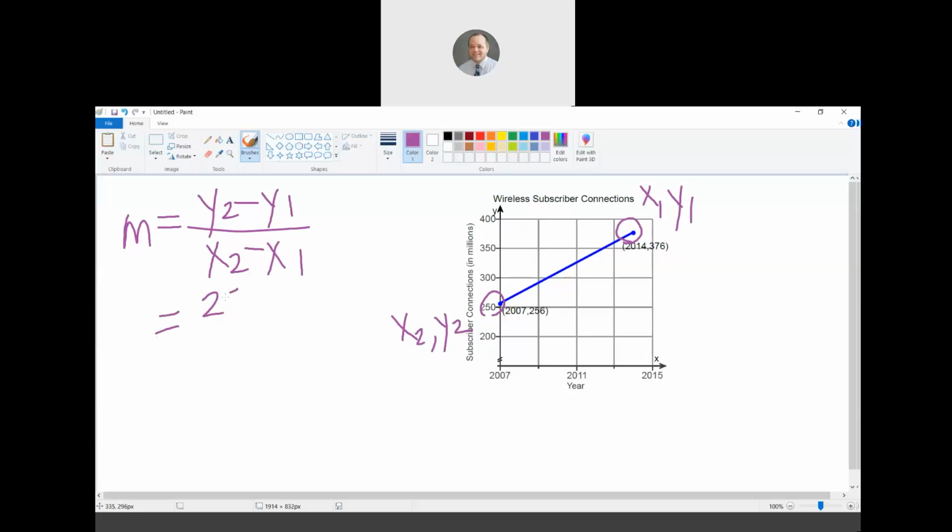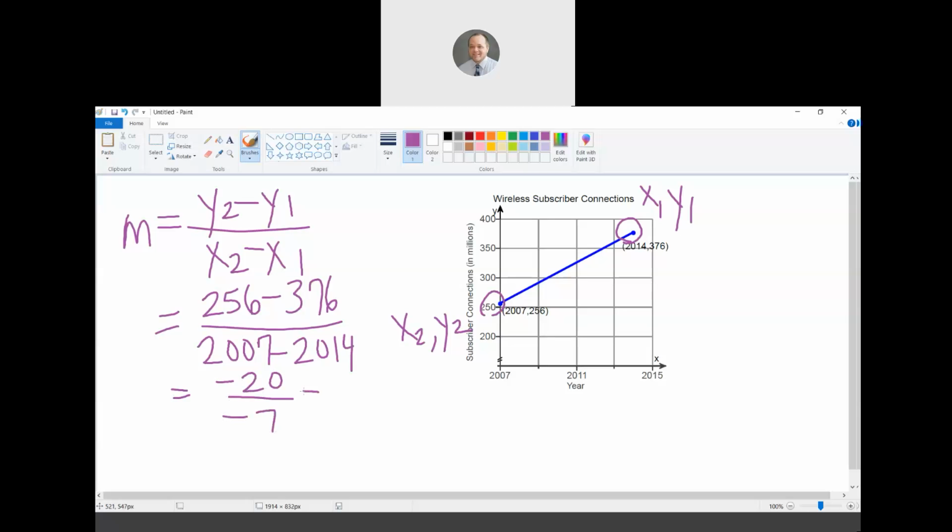Up top with the y's, we have 256 minus 376, all over the difference in our 2 years, 2007 minus 2014. So when we do the subtractions, we end up with negative 20 over negative 7, which is 20 over 7.